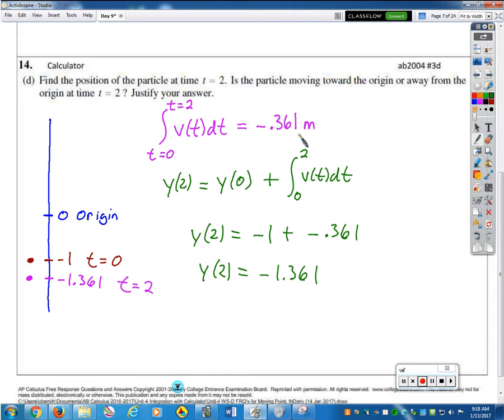If the particle were here at time equals 0, at time equals 2, I can tell you with certainty that the new position is more negative than the old position because of the negative sign. And the amount that it's more negative than the old one is that number right there, 0.361. That's what change of position means.